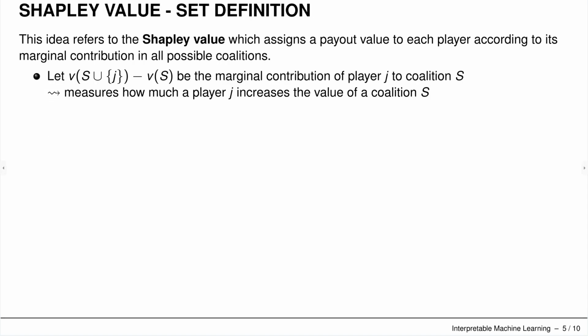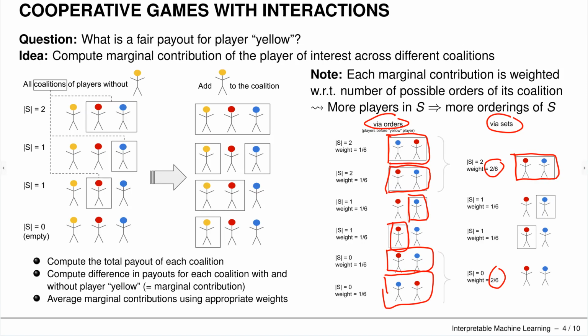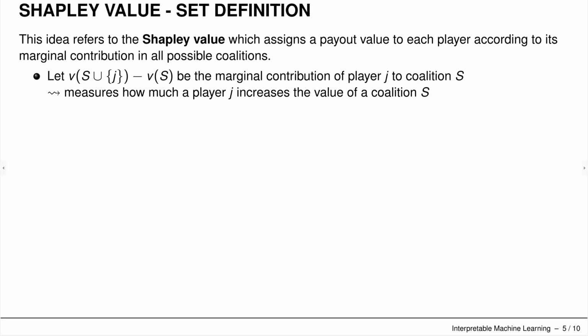So if we start with the set version, the one here on the right, where the order doesn't matter, then the definition can go as follows. We assign a payout value to each player according to its marginal contribution in all possible coalitions.